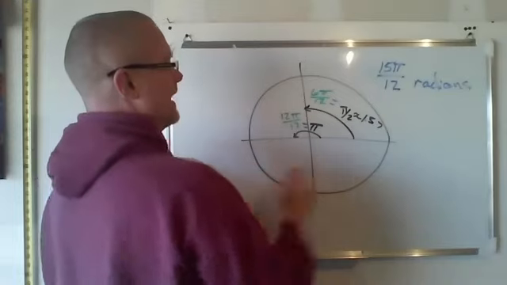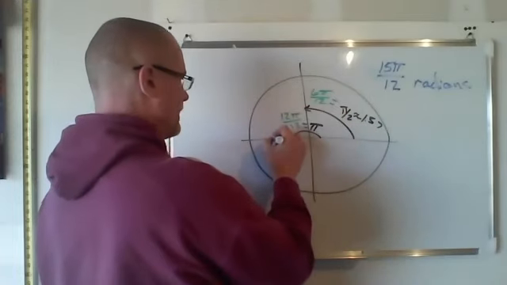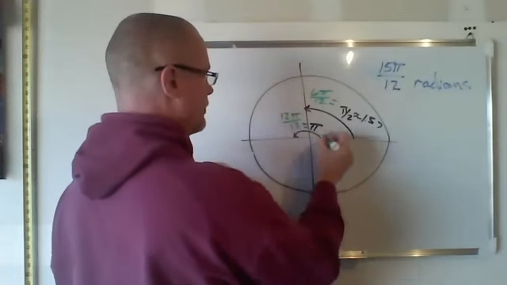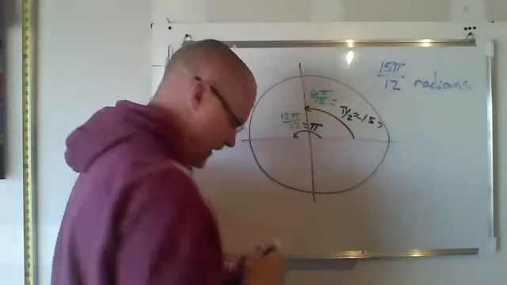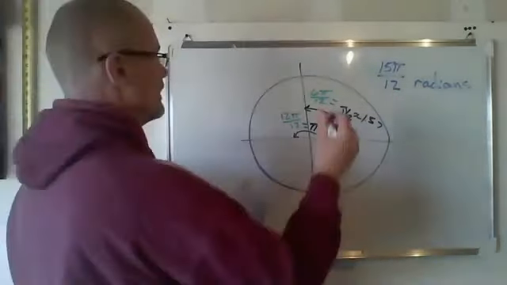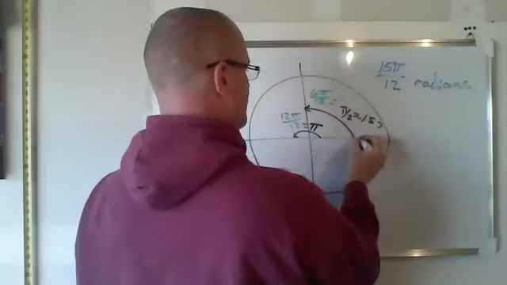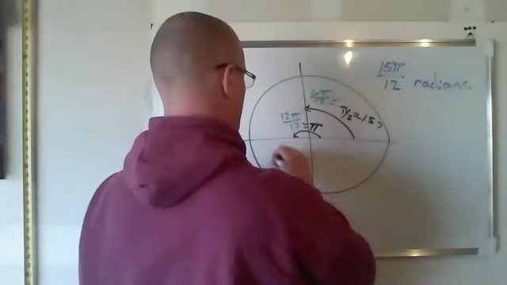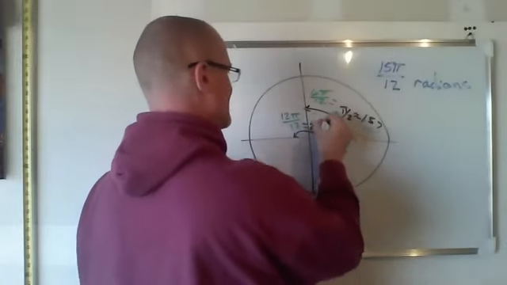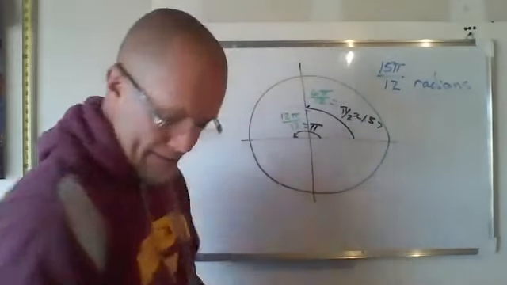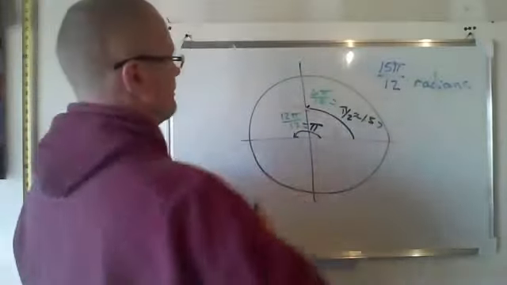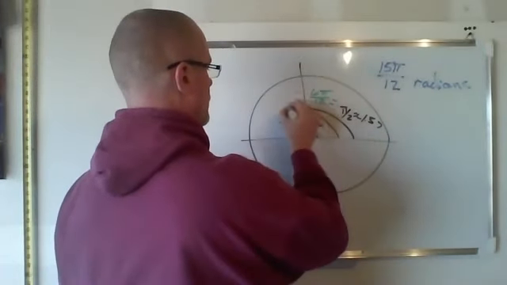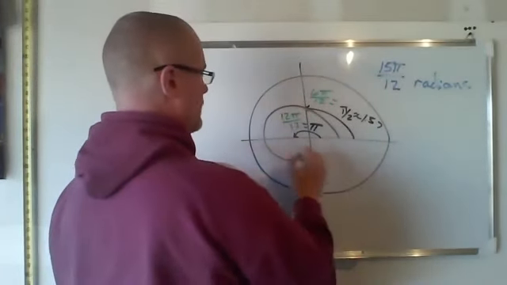Now I can count again. 6 pi over 12, 12 pi over 12, 18 pi over 12. To get all the way around, I better draw that in black, because that was 3 pi over 2. Markers are freezing up. That's 3 pi over 2.